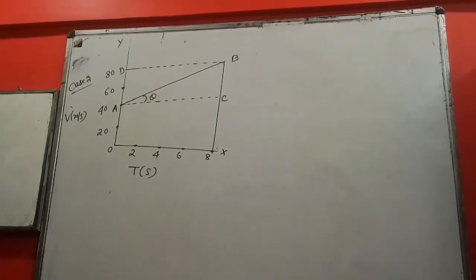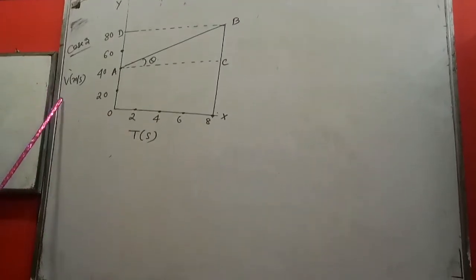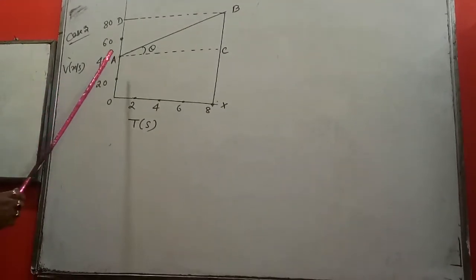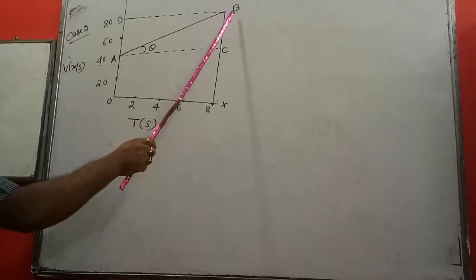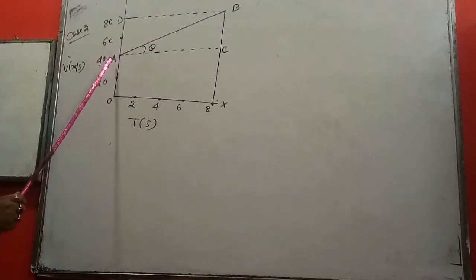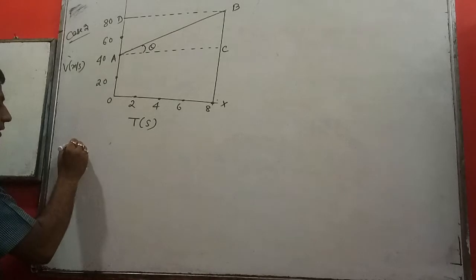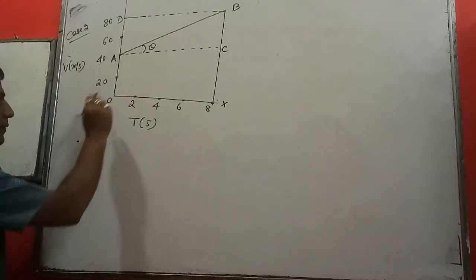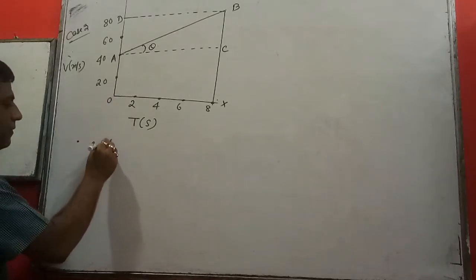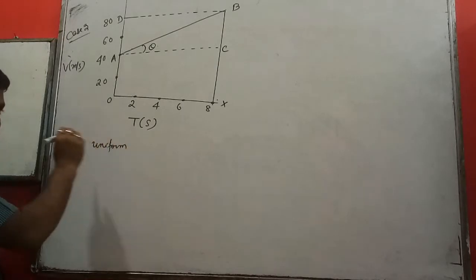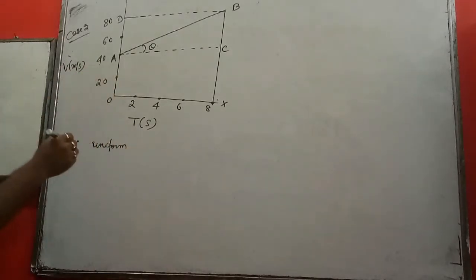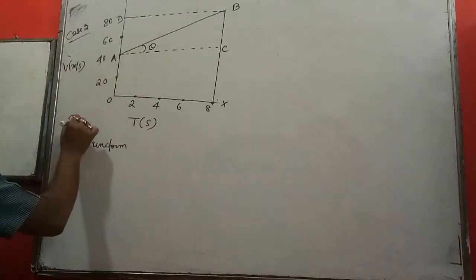Here in this graph you see again time, this is velocity, and again velocity is increasing, but in this situation the starting velocity, initial velocity was 40. Same graph as previous, just here you have to write the significance of the graph.